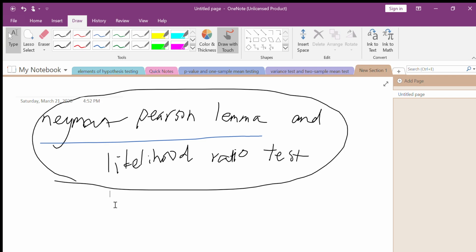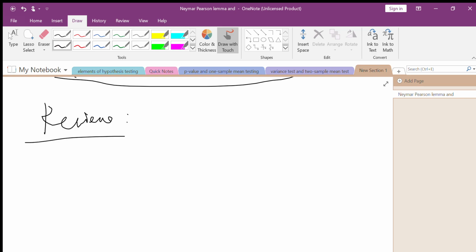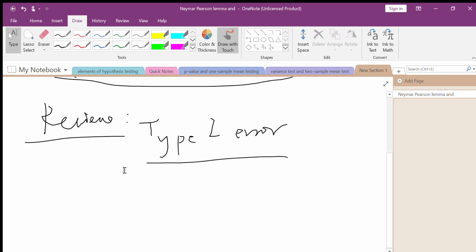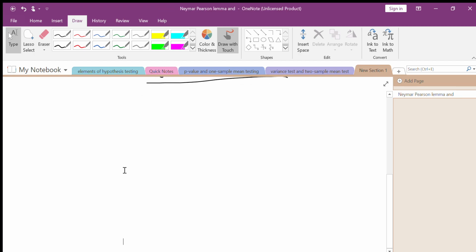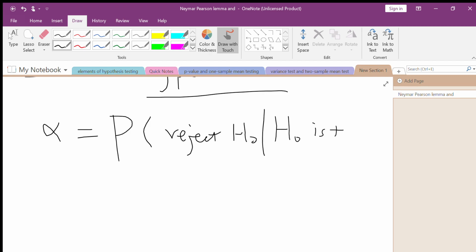To go into the Neyman-Pearson lemma, let's do a quick review of what type 1 error and type 2 error are. Type 1 error is denoted as alpha, and it is the probability of rejecting H null given H null is true.